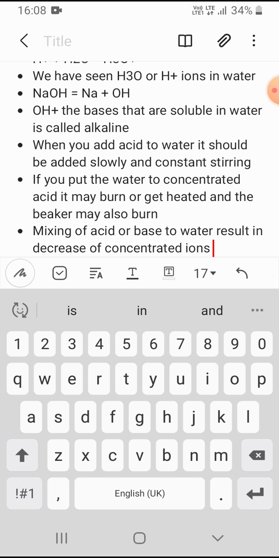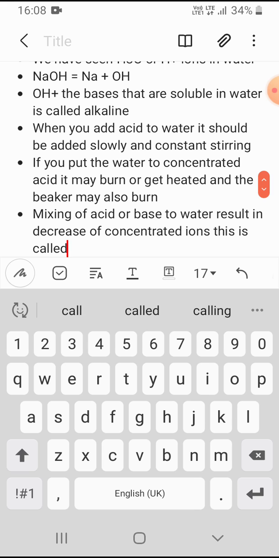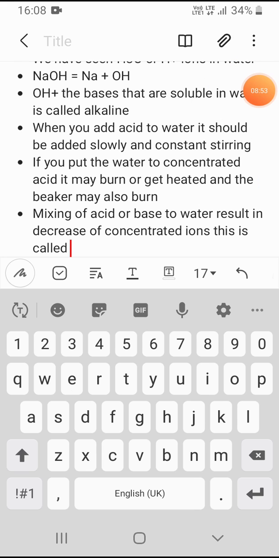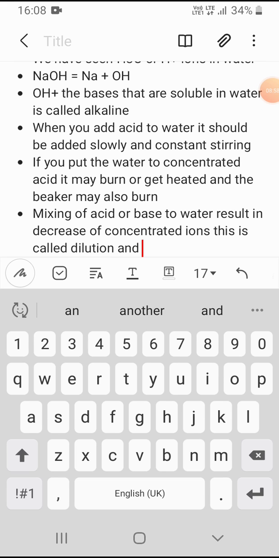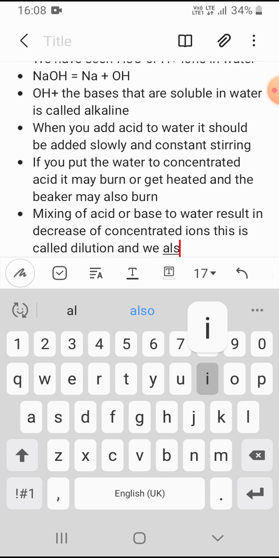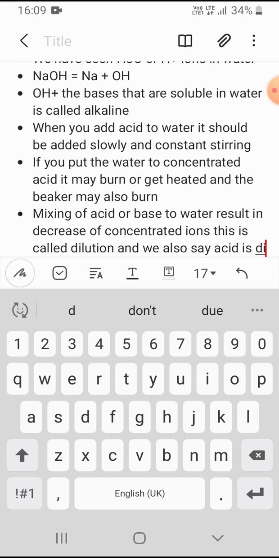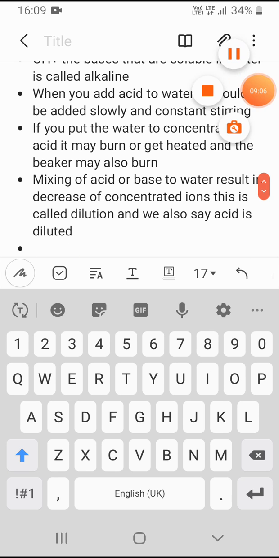Acid has H plus ions, base has OH minus ions, and the concentration of these ions decreases. This is called dilution. And we also say the acid is diluted.